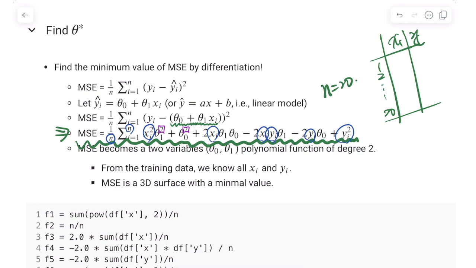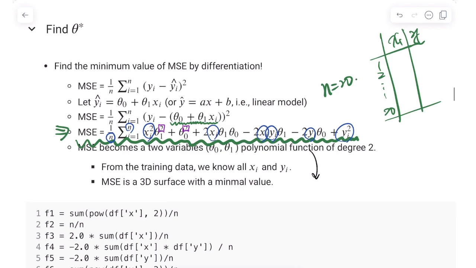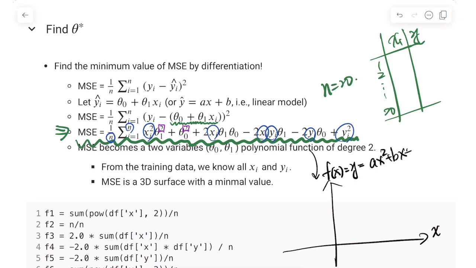So we'd like to analyze the MSE value. We first take a look at a simplified example. For example, if f of x equals y, and if x is something like a polynomial, it has a square, right?